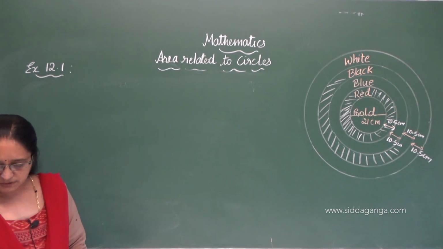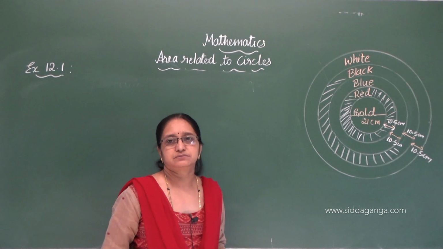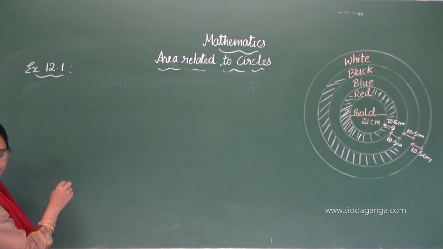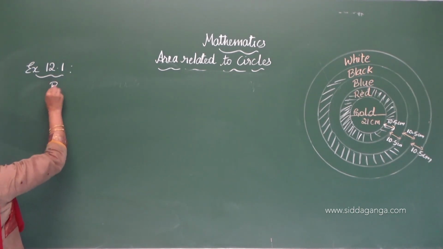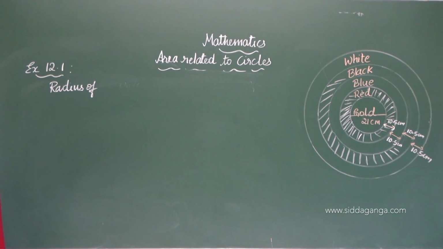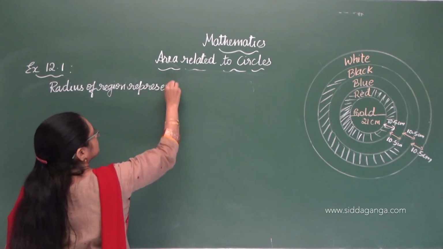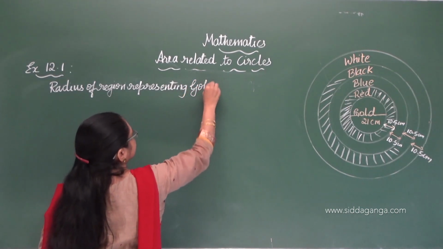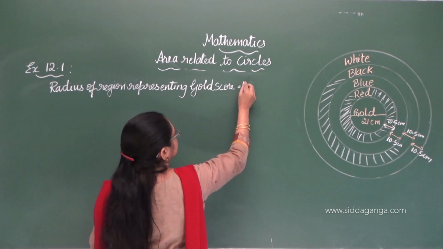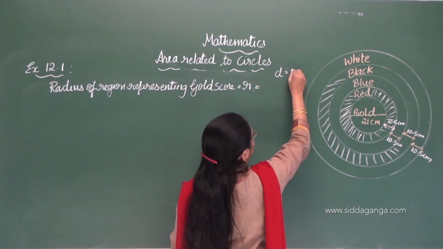So here I will just start like this. Radius of the region representing gold score, let it be R. Here they have given diameter as 21 centimeter.